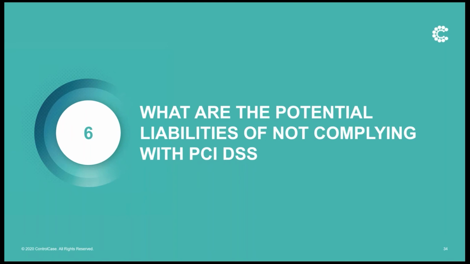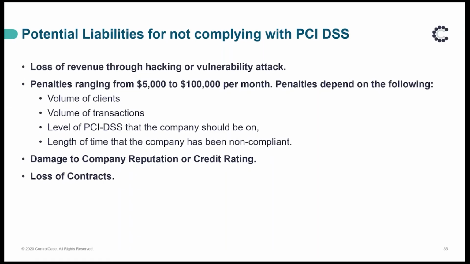Next section is what are the liabilities of not complying with PCI DSS. So these are very high level areas of liabilities of not complying with PCI DSS. We have just put 5 to 100,000 as a range. It could be lesser than that, could be 0, could be much more than that. But we wanted to just give you the 80-20 rule. And so, penalties of non-compliance, certainly there is financial penalties. There's lack of revenue or loss of revenue. There's damage to company reputation.